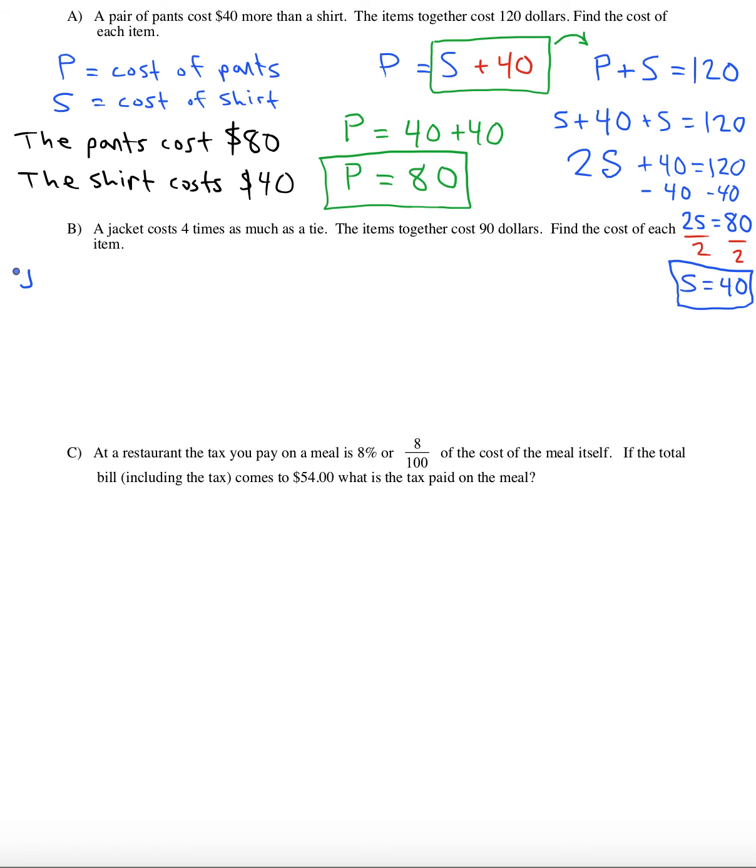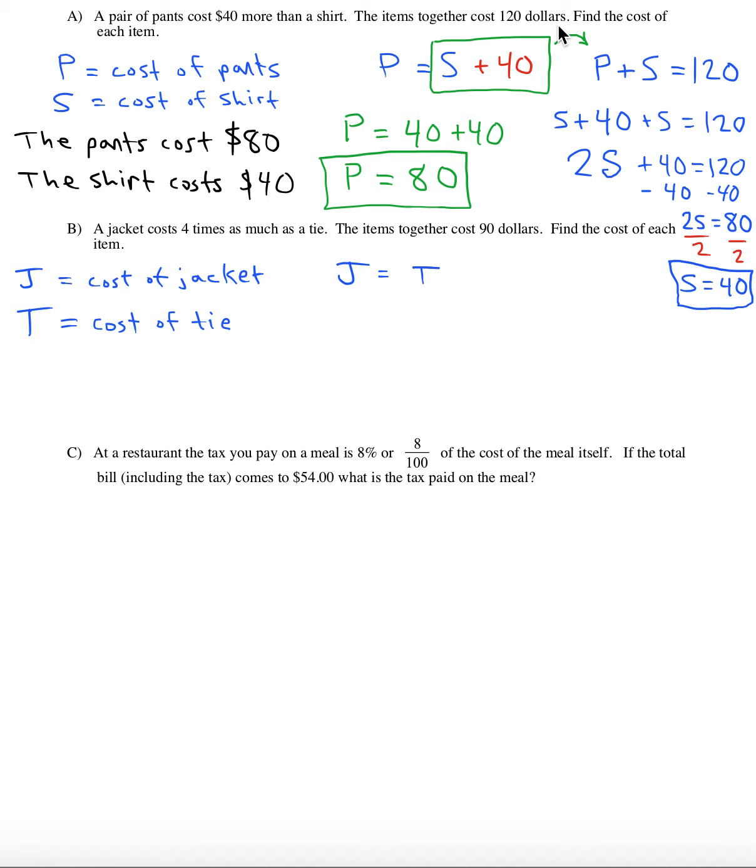I'll let J stand for the cost of a jacket. T can stand for the cost of a tie. Once again, we can't just simply say that the cost of the jacket equals the cost of the tie. They're not equal according to the wording.